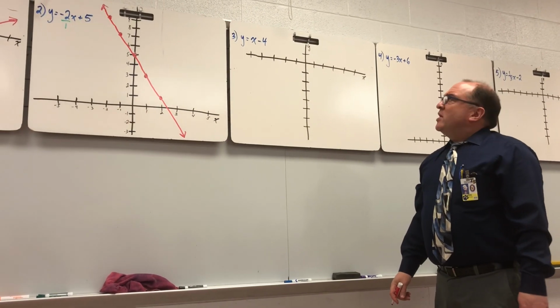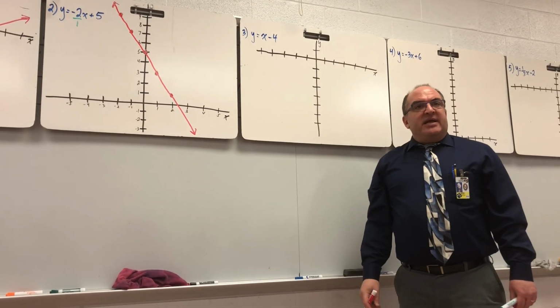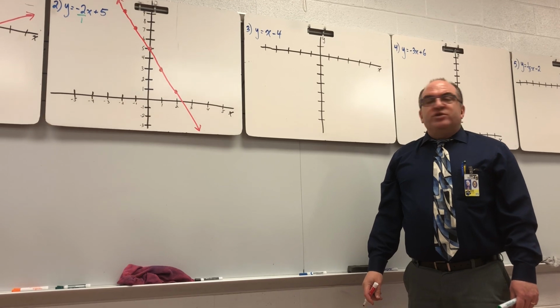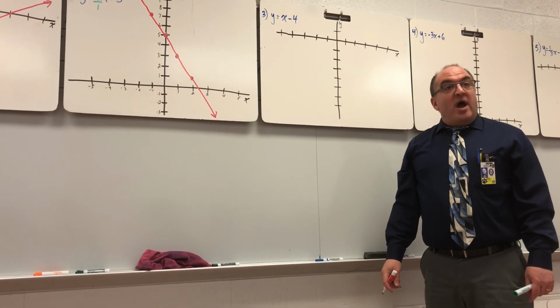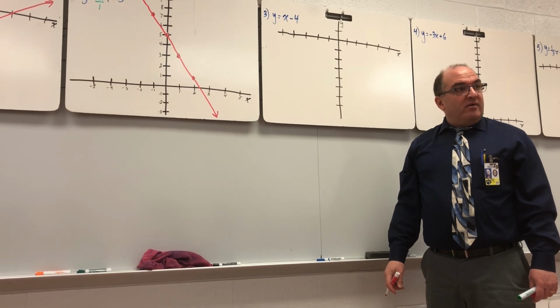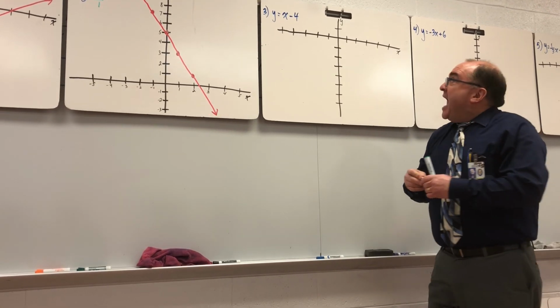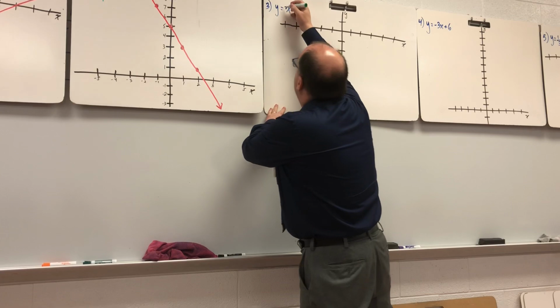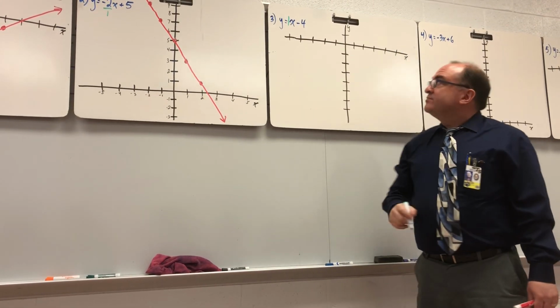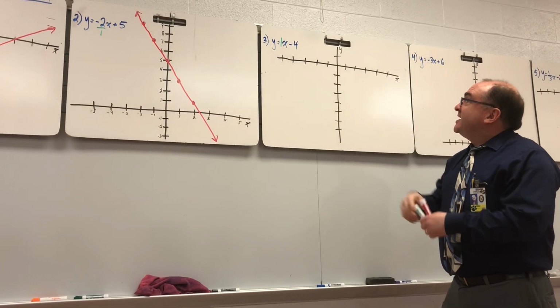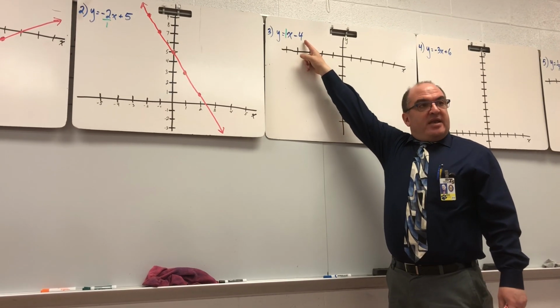What about this one? y equals x minus 4. Would you agree that x minus 4 is the same as 1x minus 4? In fact, I could put a 1 here, right? So what's the intercept? -4.